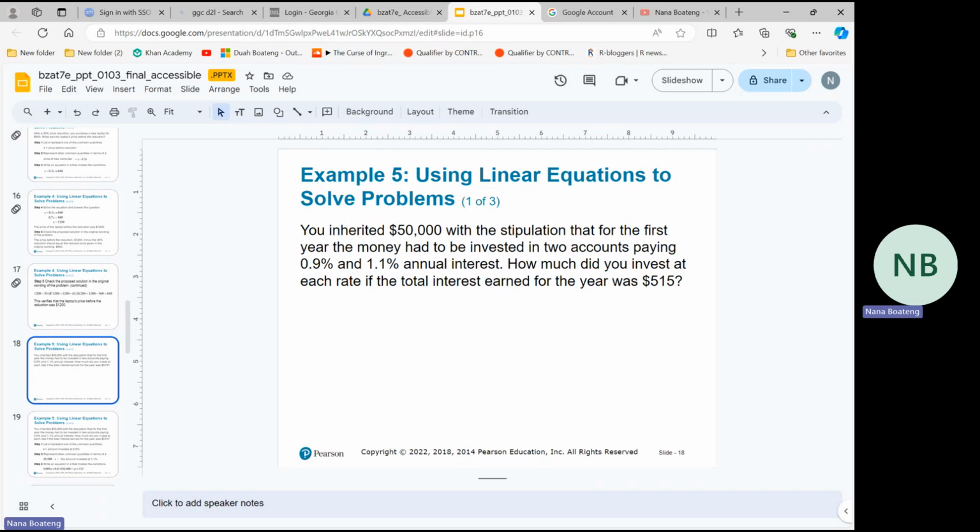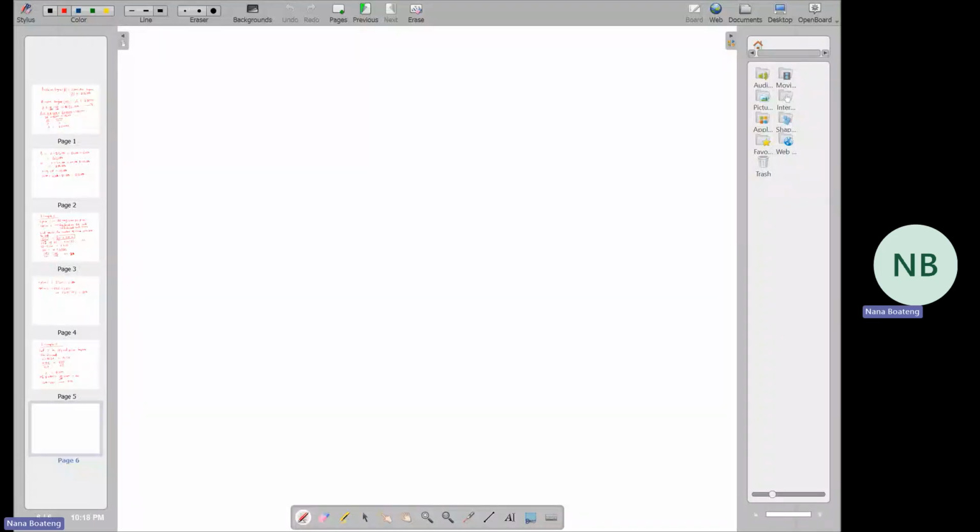All right, so let's try to write a few things down and try to solve this. Again, let me go back to my blackboard. So we have two investment options.